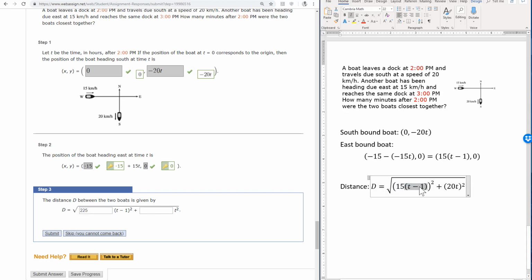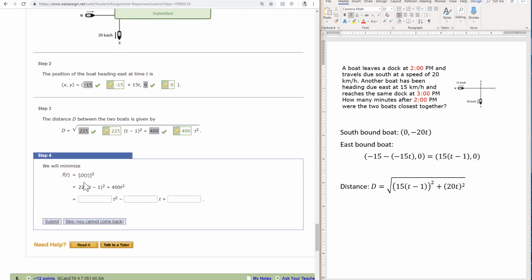And then we have t minus 1 squared. And then here we have 20 squared, and I believe that's 400 times t squared. So that's going to be our distance formula.